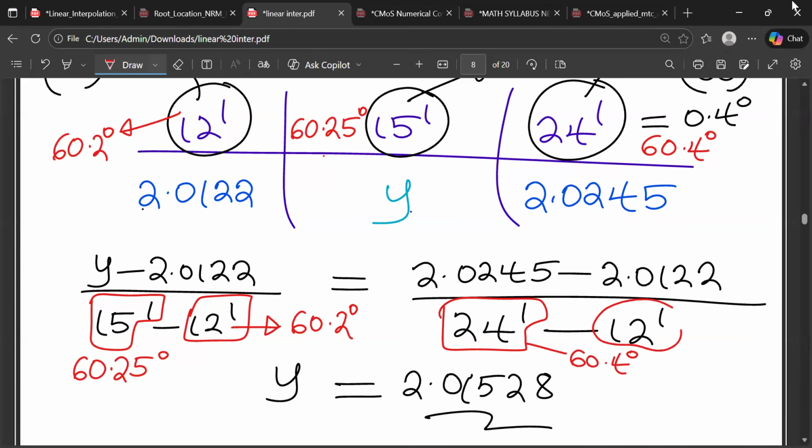Then instead of this one, we shall put 60.2 degrees. Now you get the answer. So you realize you will have even a different table.